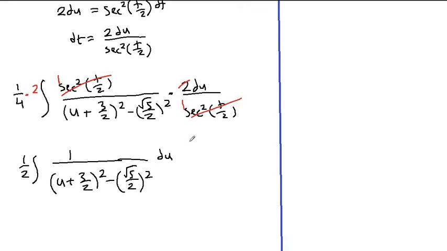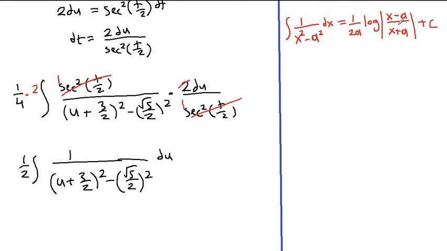Now, one final thing to know about this integration is that we have elementary integrals that you need to know. This template integral: integral of 1 over x squared minus a squared is equal to 1 over 2a times logarithm absolute value of x minus a over x plus a, plus c.